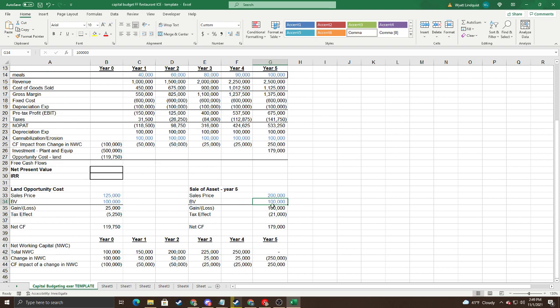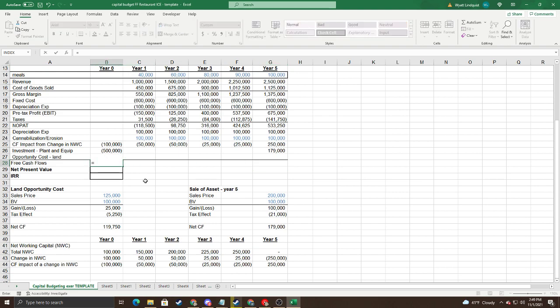Then we're going to also have profit of $100,000, but of that $100,000, we're going to lose 21% of it, or $21,000 to taxes, and therefore we're going to get a net cash flow of $179,000. And so that will be the amount of cash that we're going to make once we actually sell.